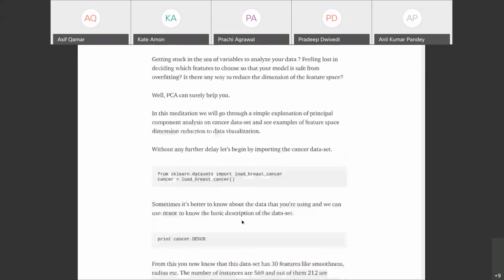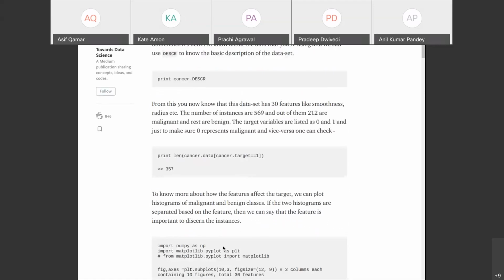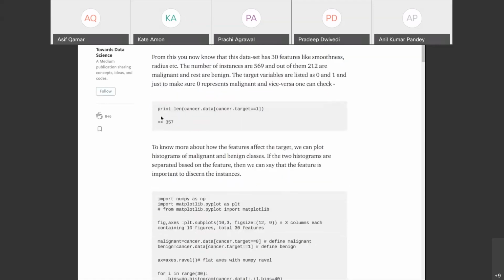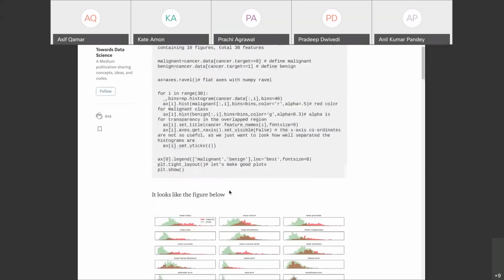So we have this data set. I would highly recommend you to follow each of the steps in Python. You take the data, you look at it. When you look at the data set, you will realize that there are 357 cases out of this many where you do have cancer. If you visualize the data, this is just making the pair plots, guys.